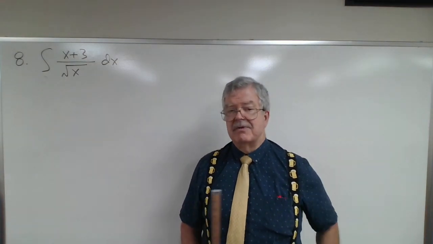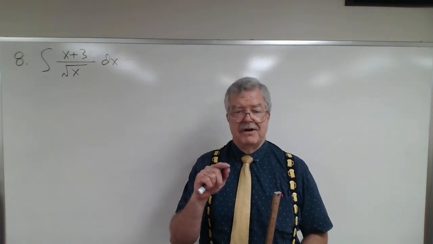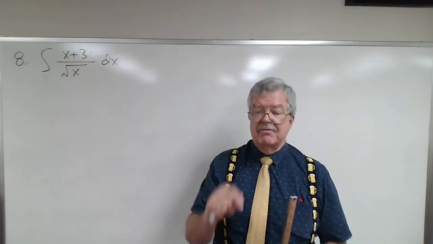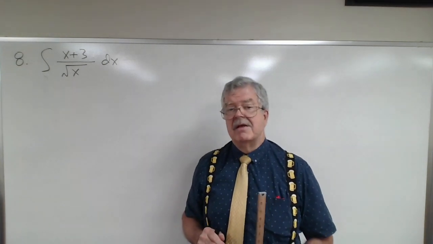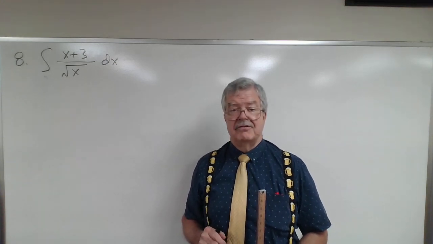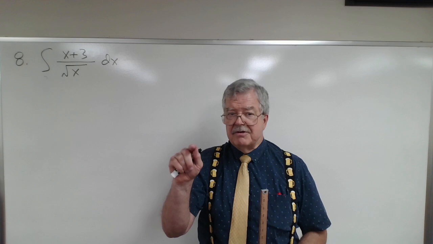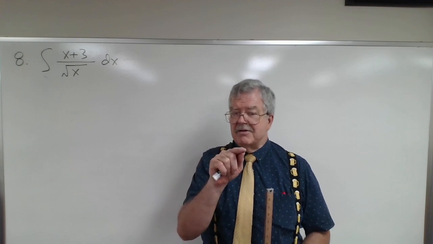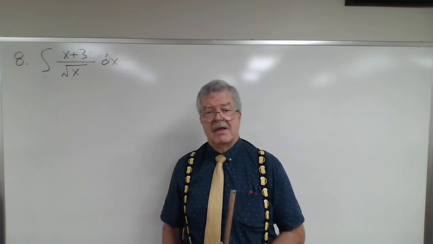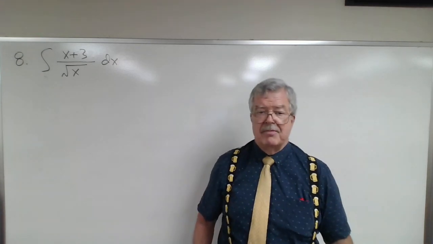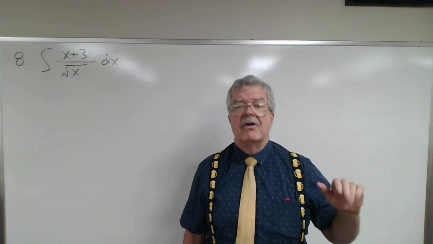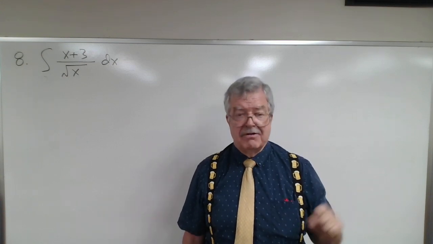The antiderivative of a constant times a function is the constant times the antiderivative of the function. So if we compute the antiderivative of a constant times a function, we write the constant down, we compute the antiderivative of the function, and we multiply them together. So for a number of the properties of derivatives, there's a corresponding analogous property with antiderivatives.